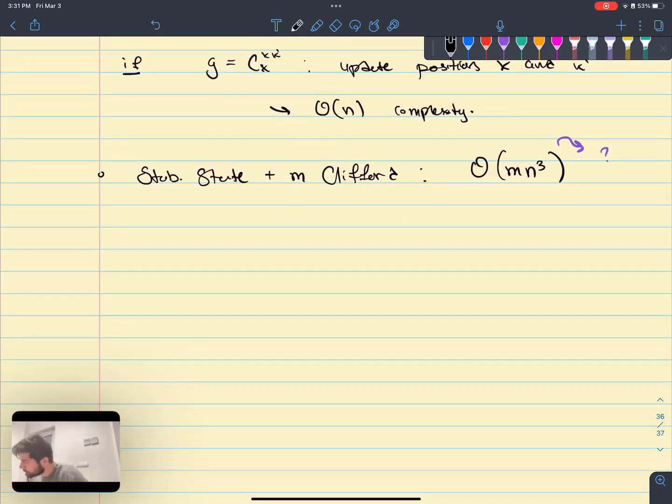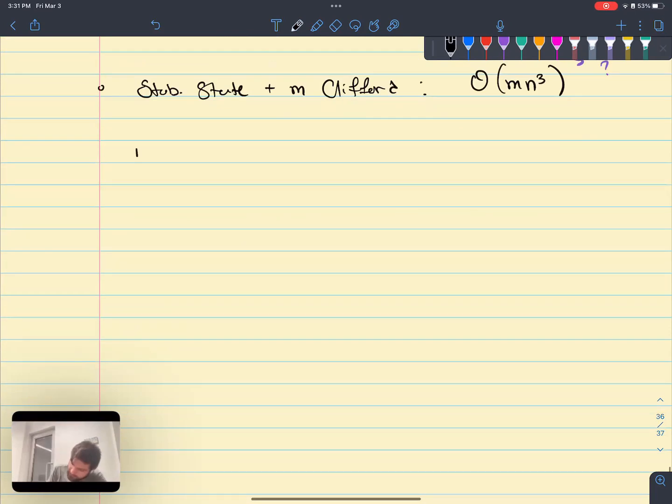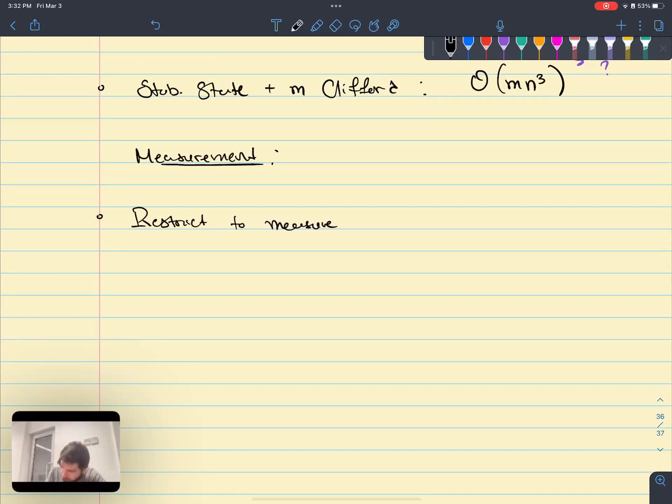Okay, the last element is measurement. So we want to restrict ourselves just like we did before. We restricted the possible observables. We want to restrict to measurements of Pauli observables.